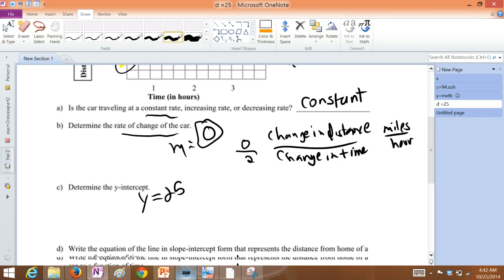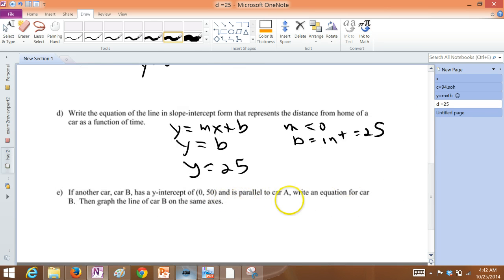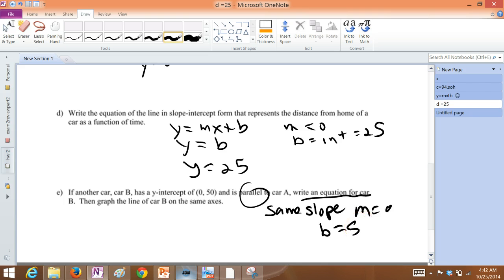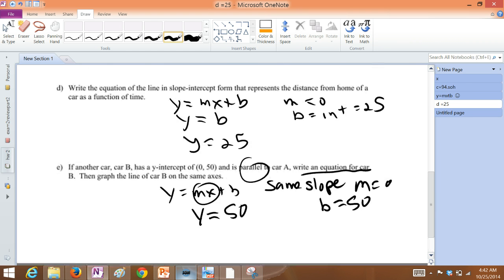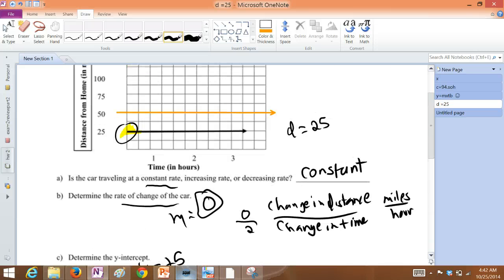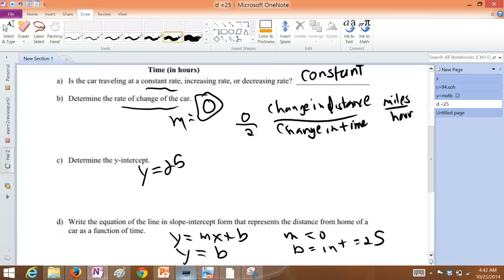So the equation for that car, the m would still be 0, but you'd have a different y-intercept. It'd be 50. So the equation for that car, this part zeroes out, be y equals 50. The function that represents that car's distance from home. Okay. That's a strange question.